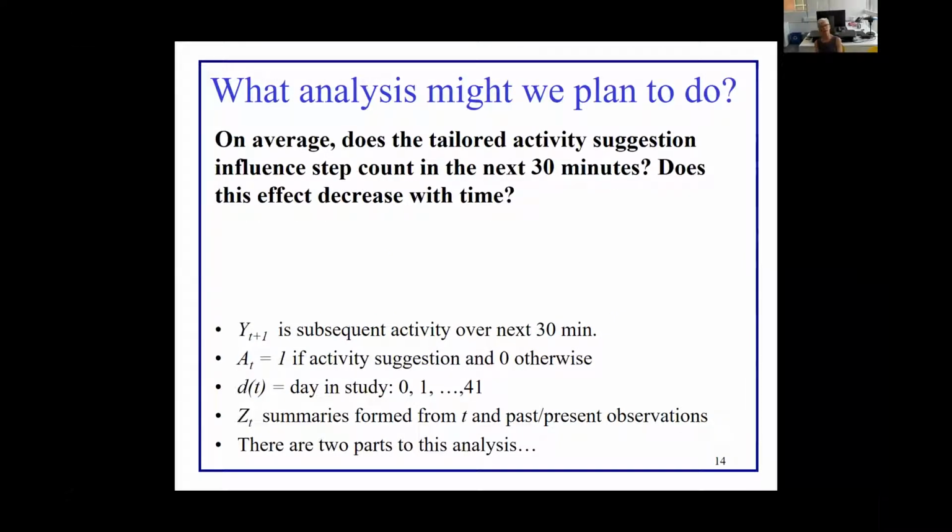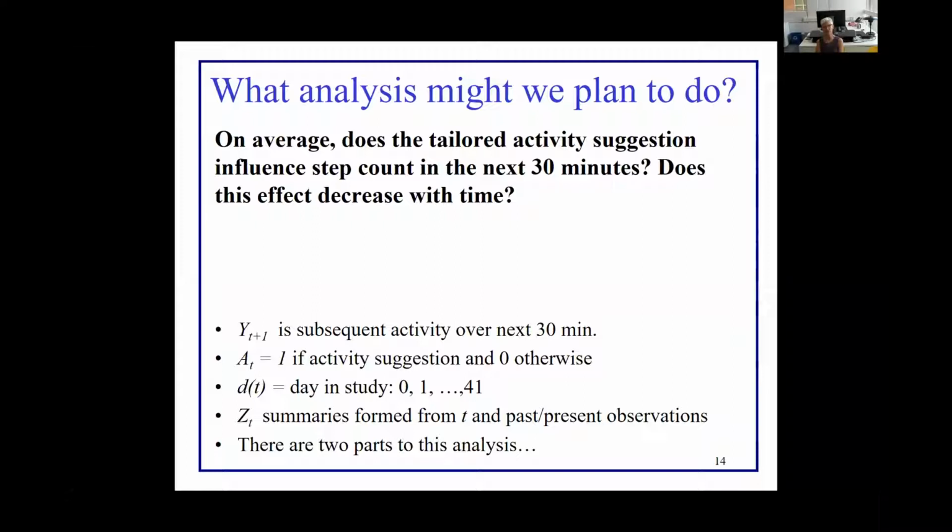So these are the questions, we've stated them before, and then you see the data, the coding of variables below that. Notice DT there, it's the third variable that's listed. It codes day in study. And we coded it so the first day, DT for day 1 is equal to 0. So DT only goes from 0 to 41. It's equal to 41 on the 42nd day of the study.